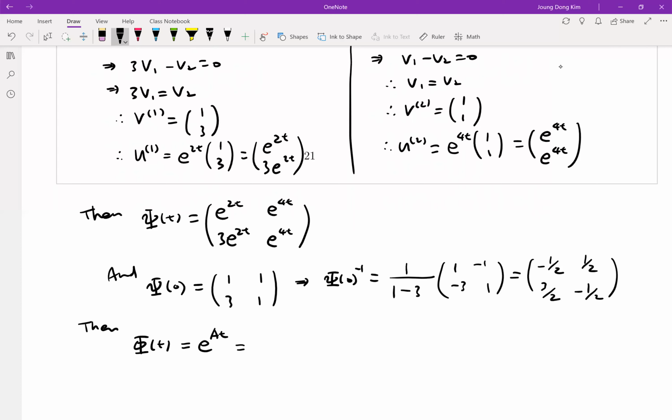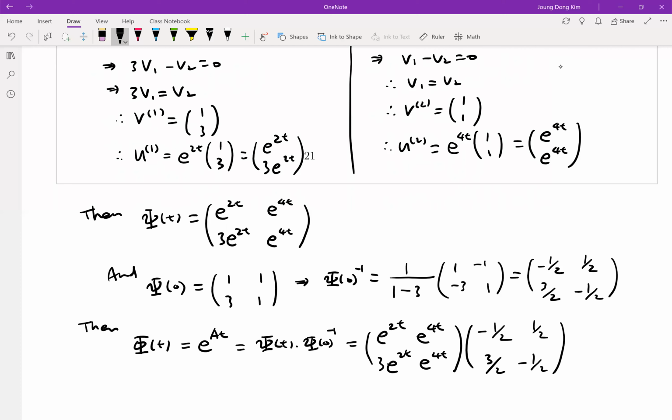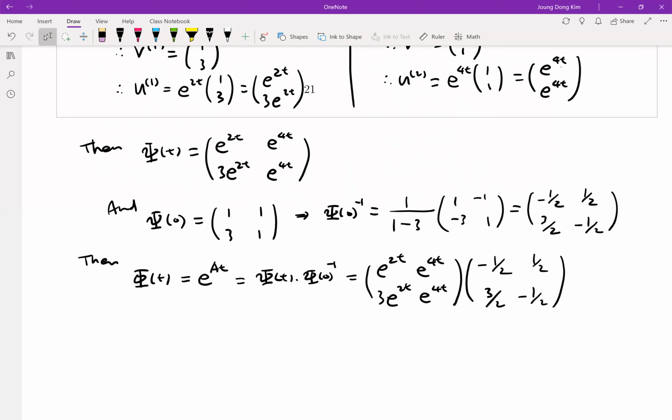It can be found this way: Ψ(t) times Ψ(0) inverse, which is [e to the 2t, e to the 4t; 3 e to the 2t, e to the 4t] times [negative 1/2, 1/2; 3/2, negative 1/2]. Now we multiply the matrices.